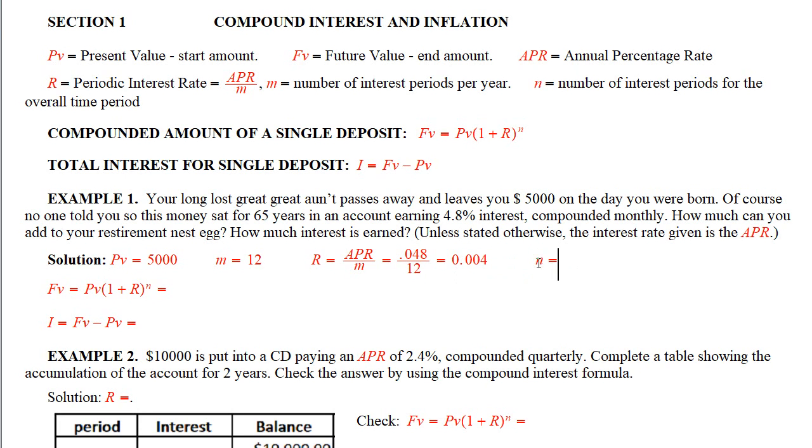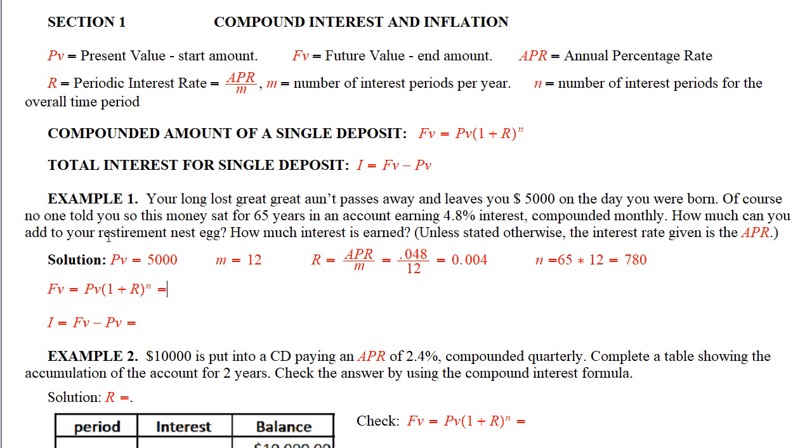And then n is going to be the total number of interest periods. Our interest periods are months. So we've got 65 years times 12 months per year, which is 780 months. Now we're ready to plug into our future value formula.